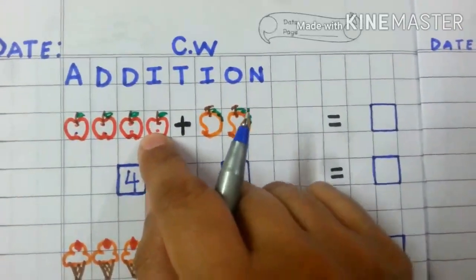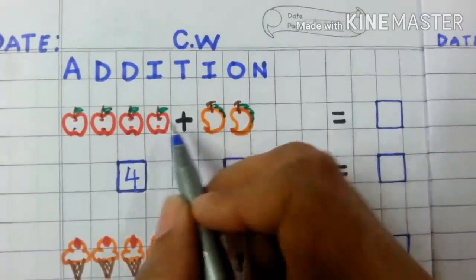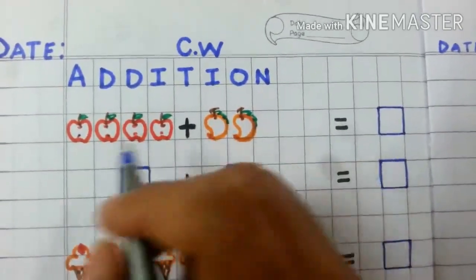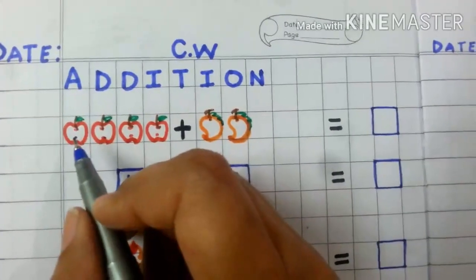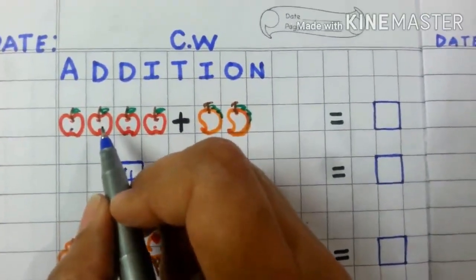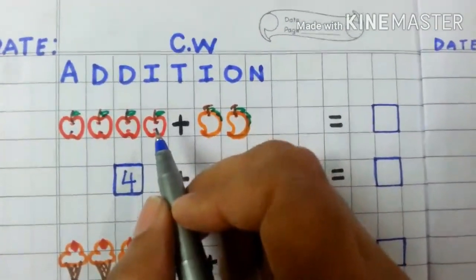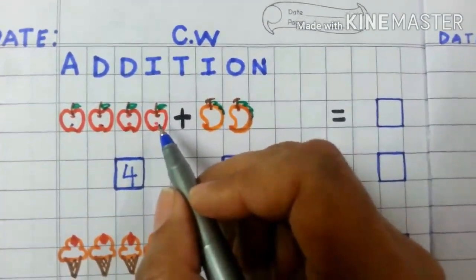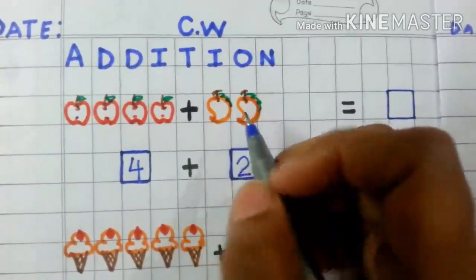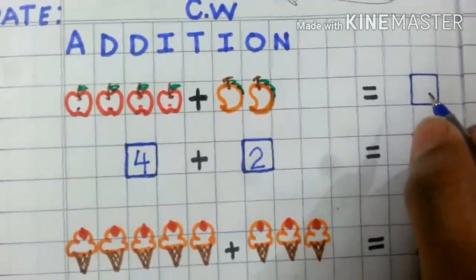After 4, we follow the forward counting. 4, 5. Again we will count 1, 2, 3, 4. After 4, follow the forward counting. 5, 6. 6 fruits we have all together.